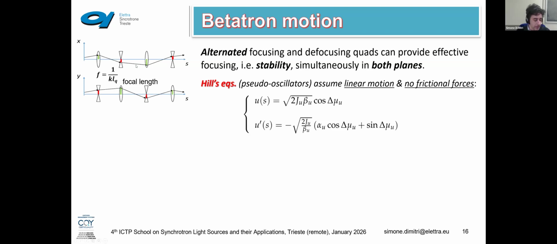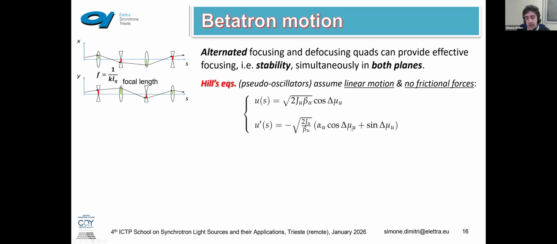The fact that the particles are oscillating, as you see here, in X and Y coordinates, suggests that we can describe the transverse dynamics with a pseudo-harmonic oscillator. What do I mean? Something where we can describe the particle position and its angular divergence as an amplitude times an oscillating term.